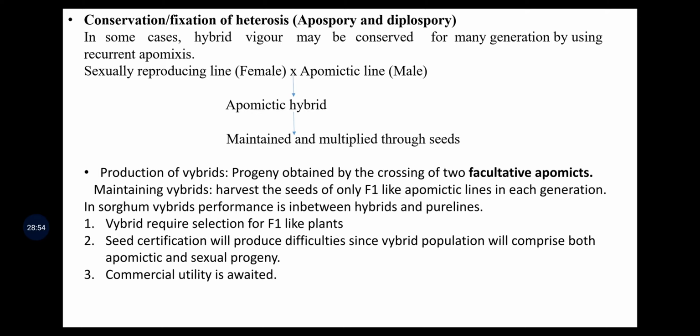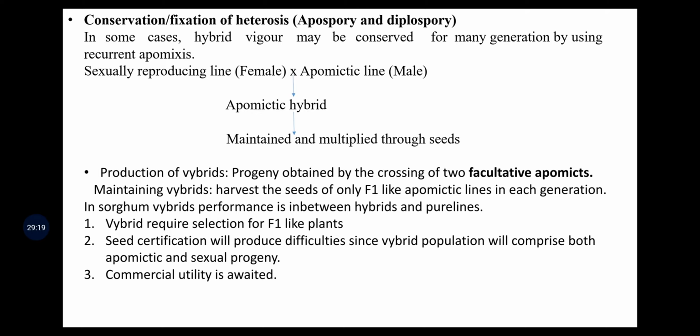Production of hybrids is the fourth approach. Hybrids are nothing but the crosses or combination of two facultative apomicts. Remember, two facultative apomicts. Facultative means that they may follow sexual as well as asexual processes. Why are we talking about facultative apomixis, why not obligate? Remember, obligate apomixis is only through asexual means.